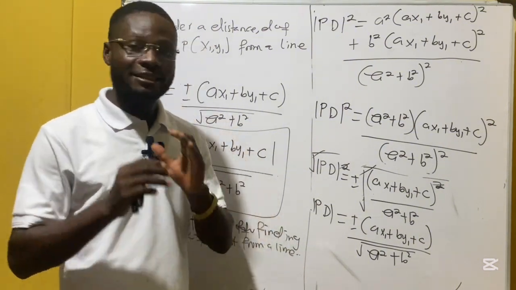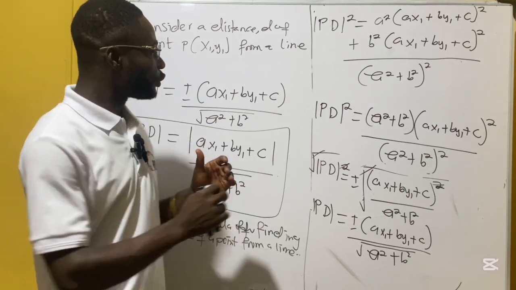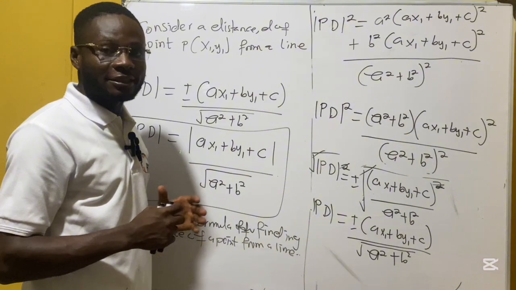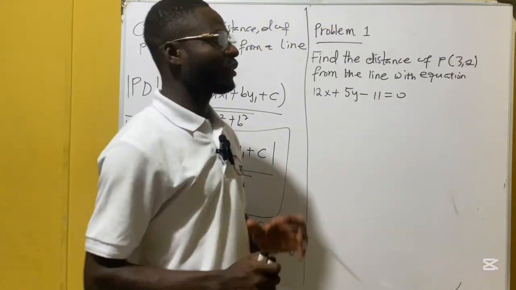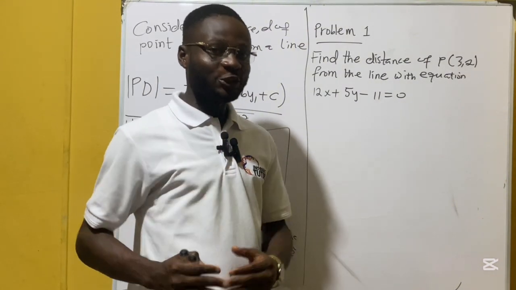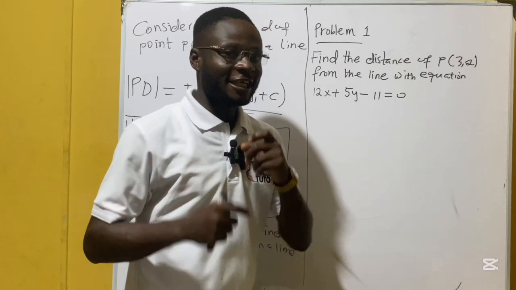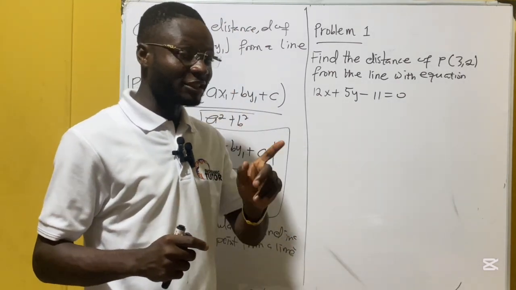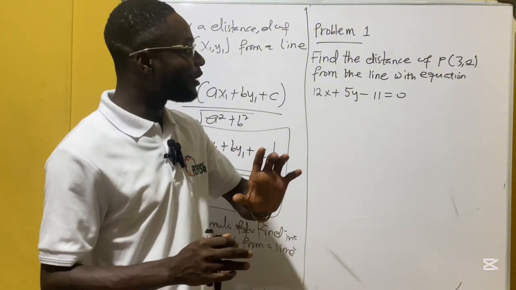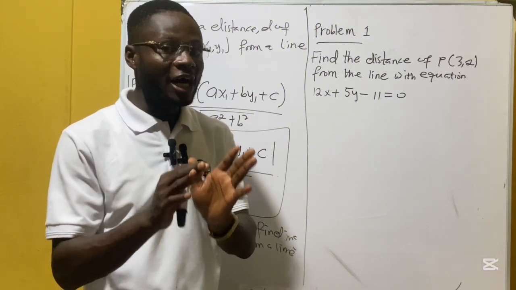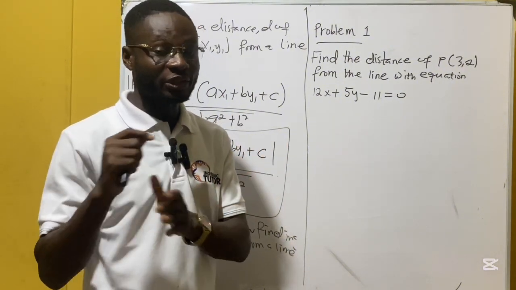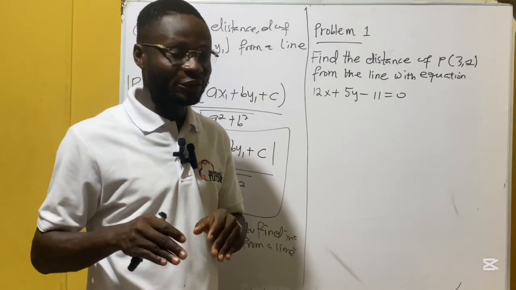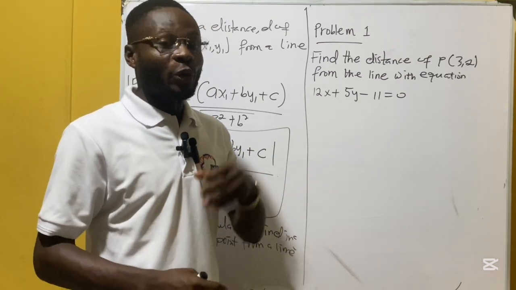Okay, so now let's take a problem to clarify this formula, right? Now I know you are very happy about the derivation of the formula for finding the distance of a point from a line. Nobody taught you how to derive the formula, right? But right here on Inorganic Tutors Institute, we show concepts.